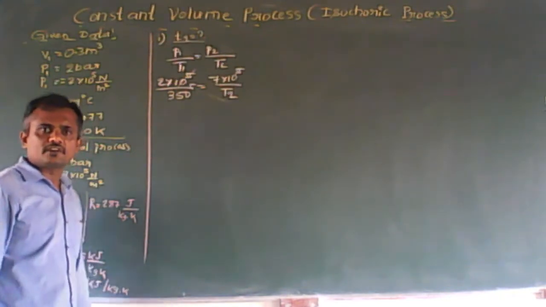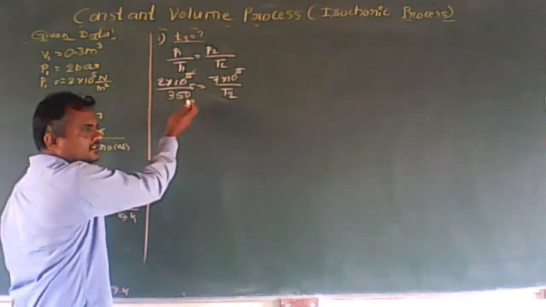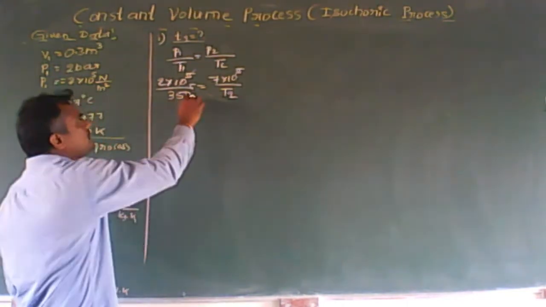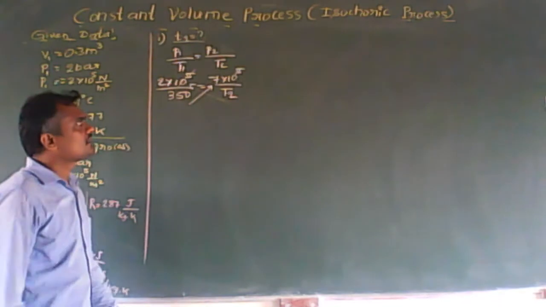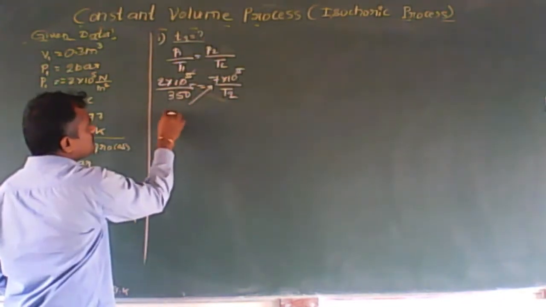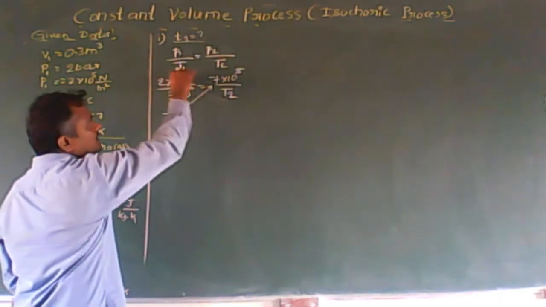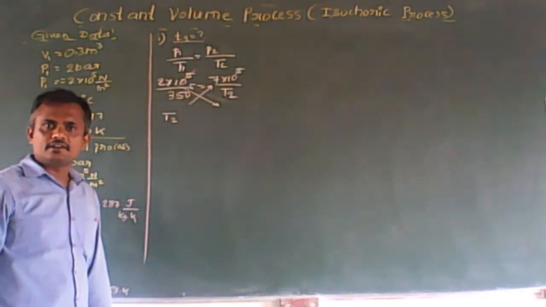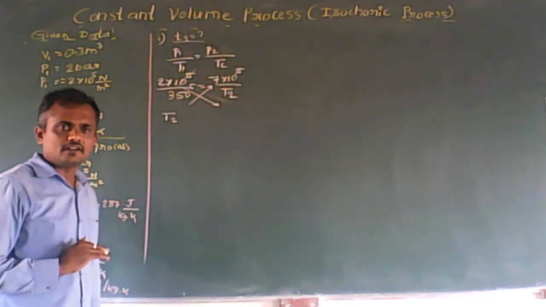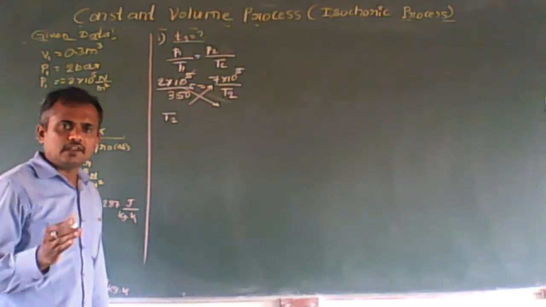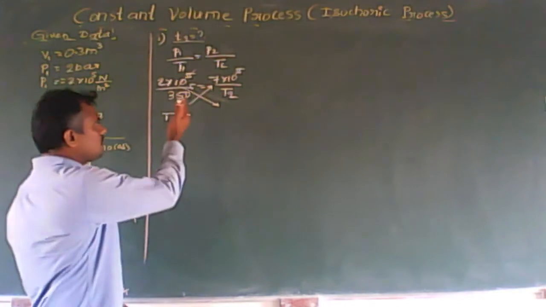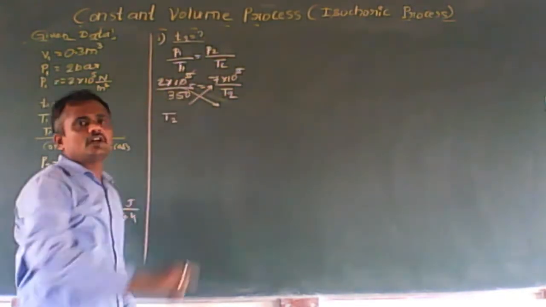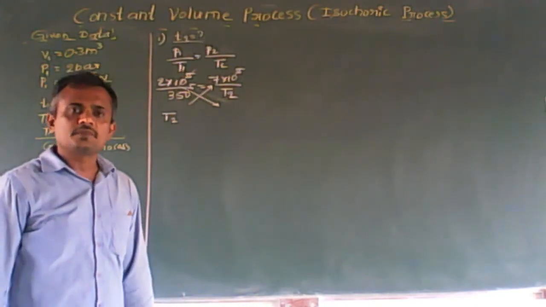And this 350 which is on the left hand side of the equal sign, it is in the denominator side and it goes to the numerator side. Okay, so T2 comes here and 2 is present here, it goes to the denominator side. Okay, so in this way you have to rearrange, and the calculating number should come to the left hand side.